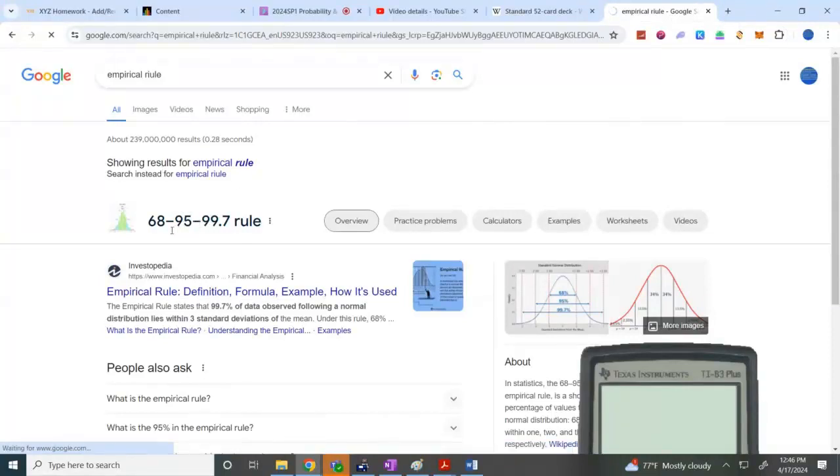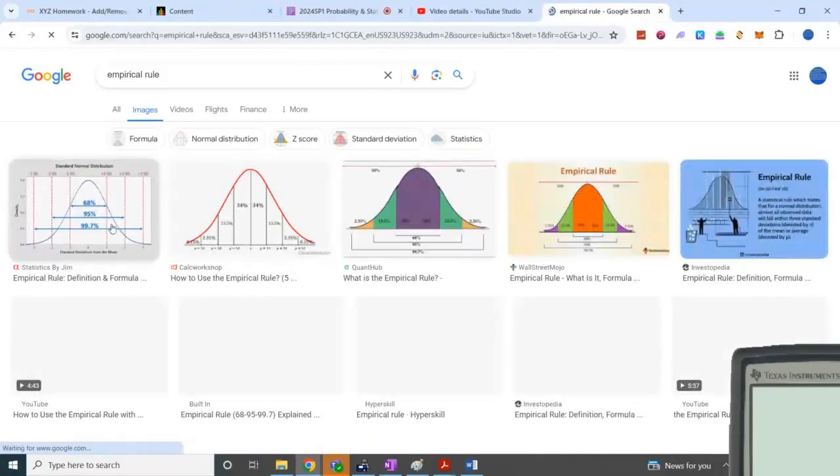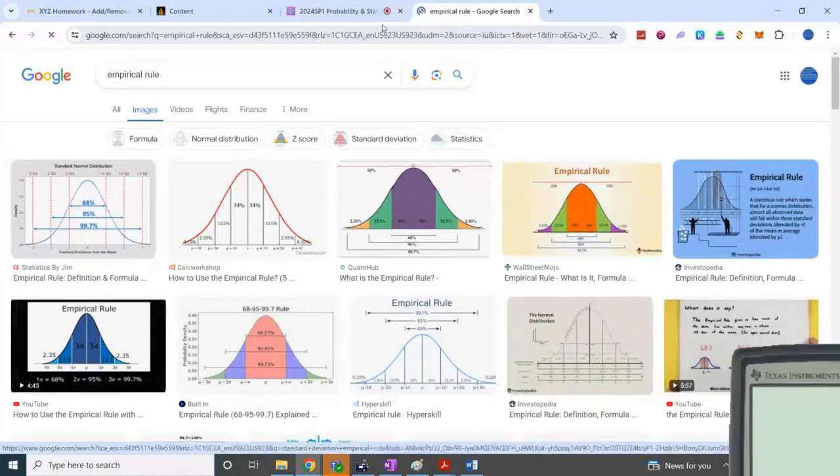Okay, so while this is loading up, that empirical rule is the 68, 95, 99.7 rule, and it gives us the percentages based on where our numbers lie. Okay, so here we go. Let's bring it up.